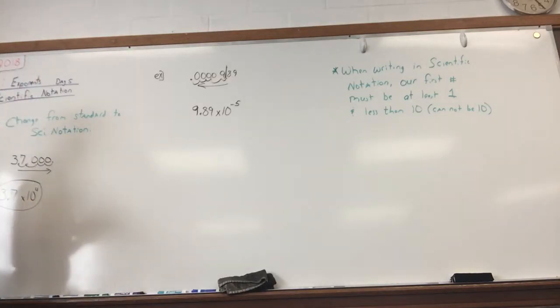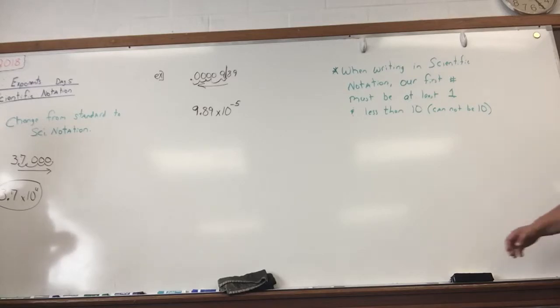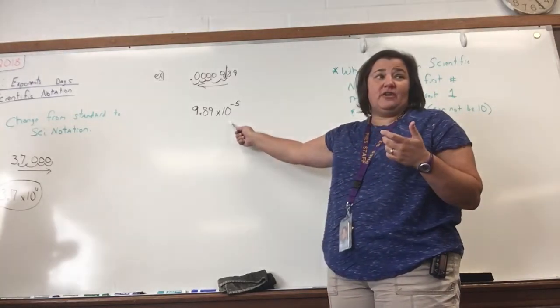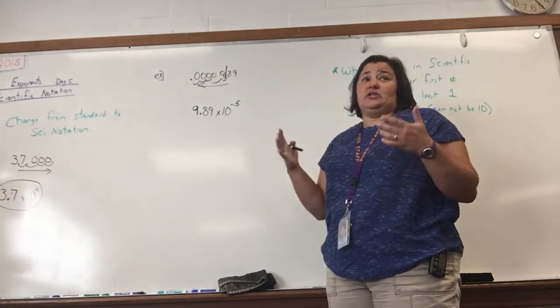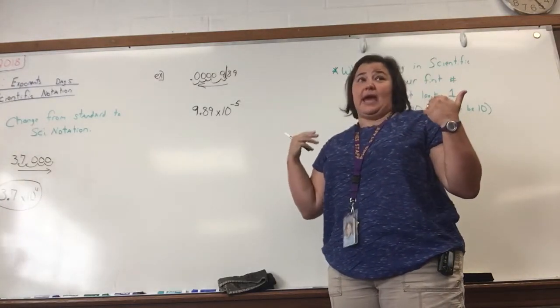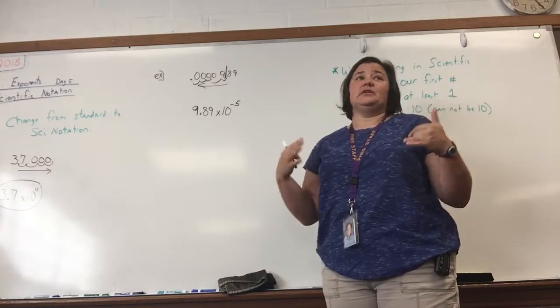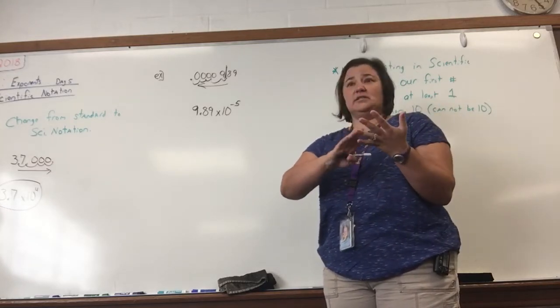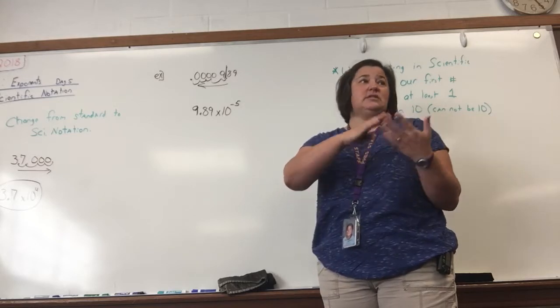Mr. H, yes, we had a good question over here, and the question was, why do we always use 10 as the base for our exponent? So reach way back in your brains to when we learned about place value. We had ones, tens, hundreds, thousands.